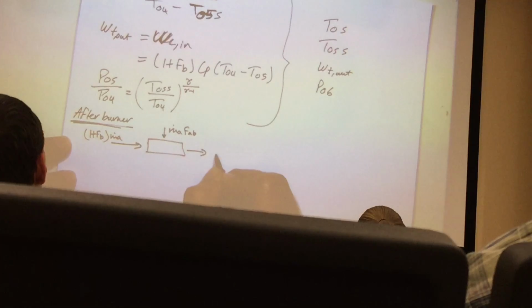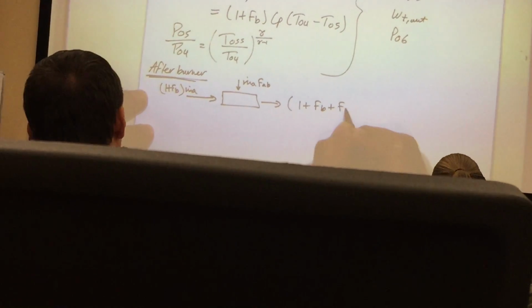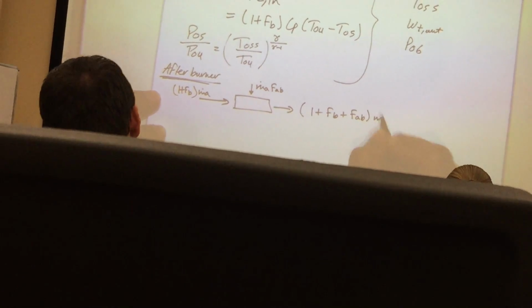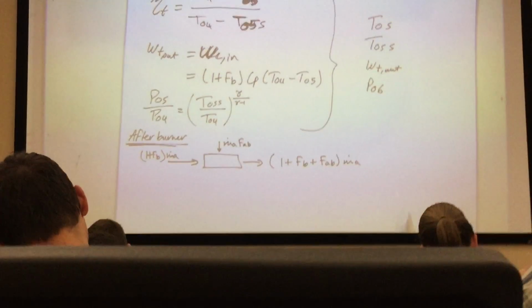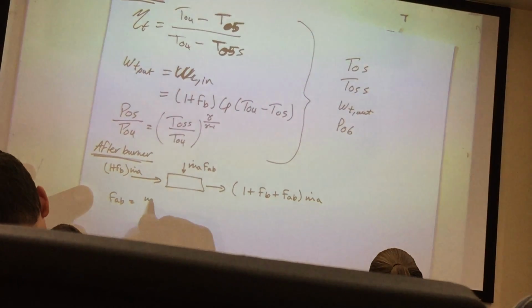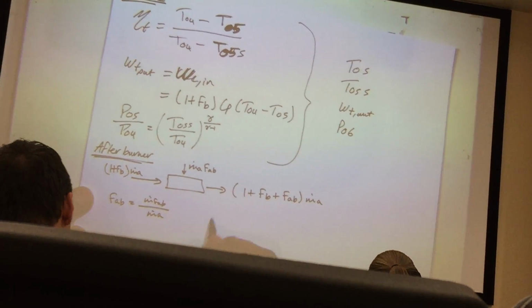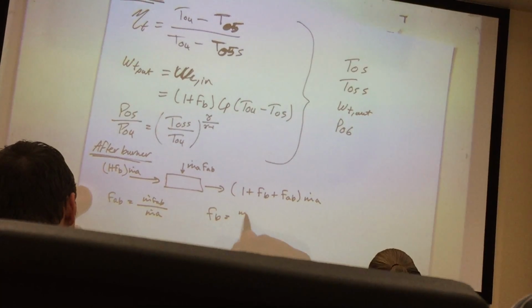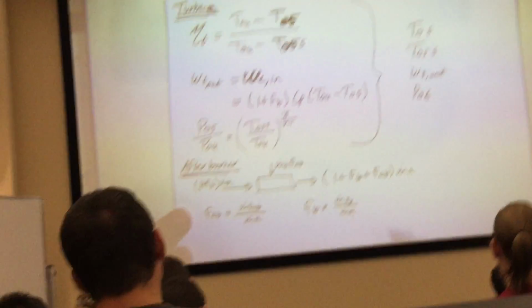So what that's going to give me is 1 plus f_b plus f_ab. That's about it. Very, very simple. So from that, f_ab is equal to m_dot_fab divided by m_dot_a, and f_b is equal to m_dot_fb over m_dot_a.